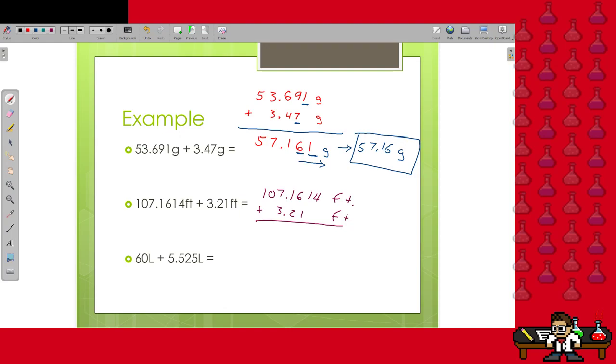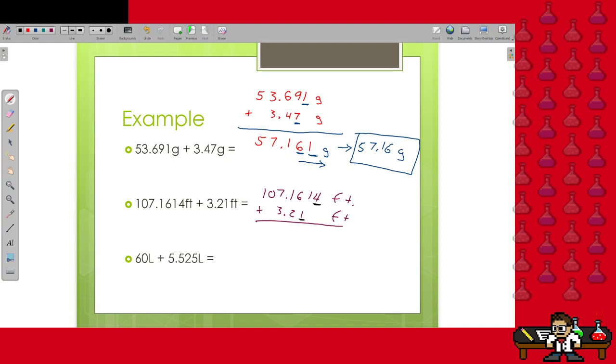We're going to go ahead and underline where our estimations took place. In the first number, we estimated at the 10,000 spot. That's where our rounding happened. In the second number here, we estimated and rounded at the hundreds place, so we're going to underline that.